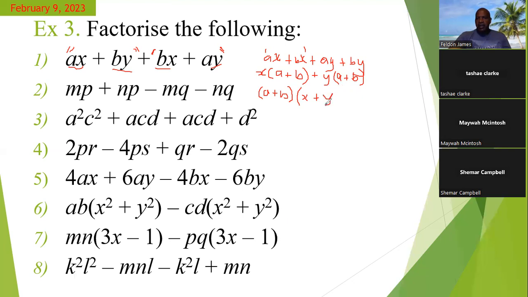So we just put the y here, and then we close that bracket. What we have remaining now are the factors that we would have gotten from factorizing that expression.